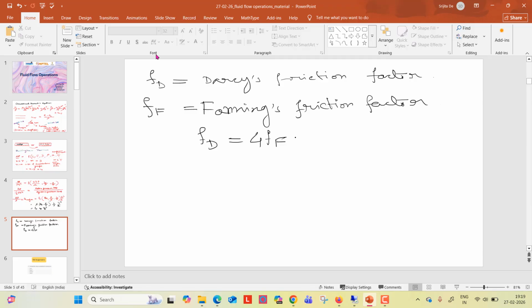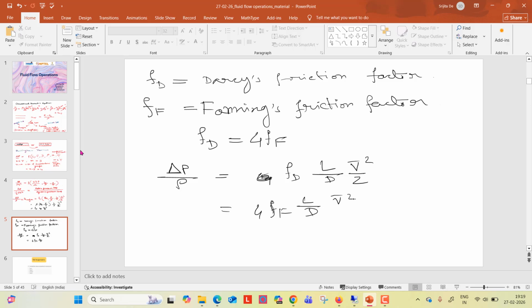Okay. So now this delta P by rho, earlier it was FD L by D V square by 2. Now it is 4 FF L by D V square by 2. So this is the delta P by rho, and this is your major head loss.